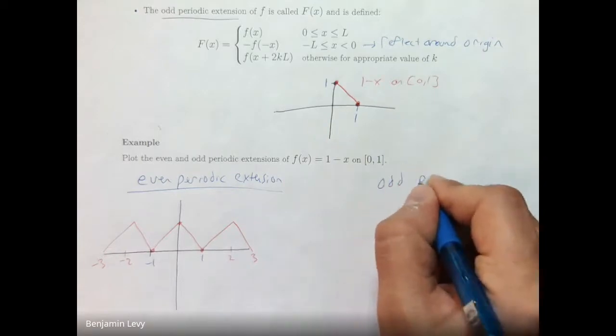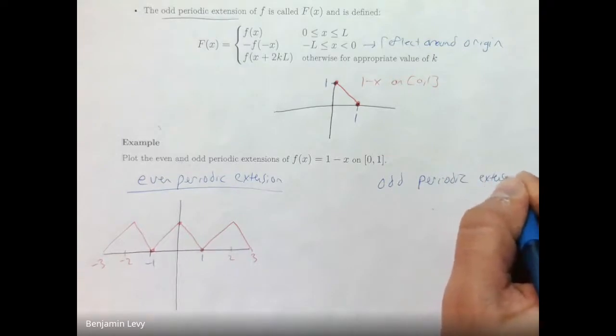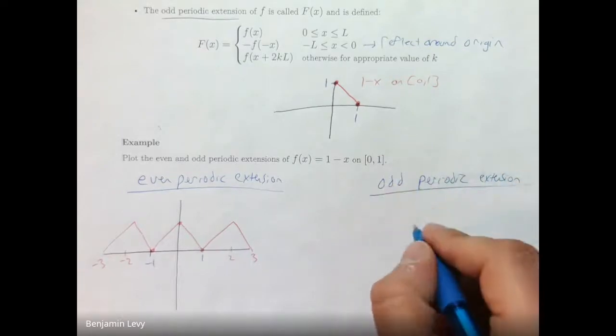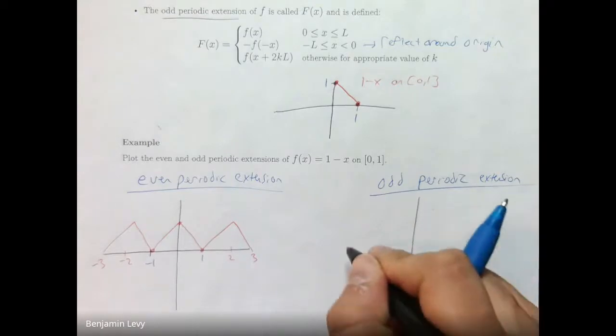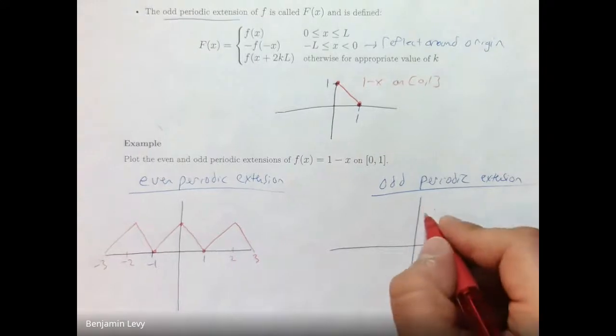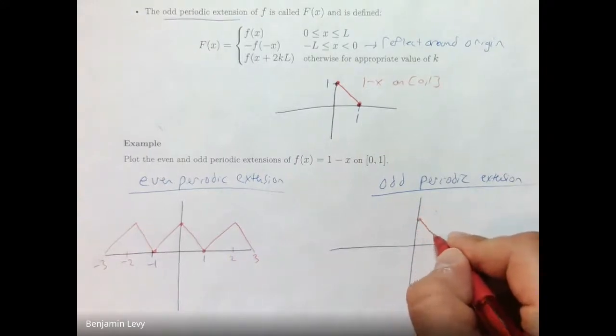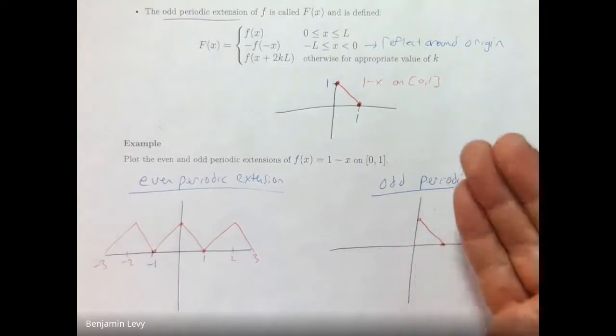So the odd periodic extension of this function would be, first copy the graph normally from 0 to 1. And then imagine turning this upside down or flipping it around the origin, right?